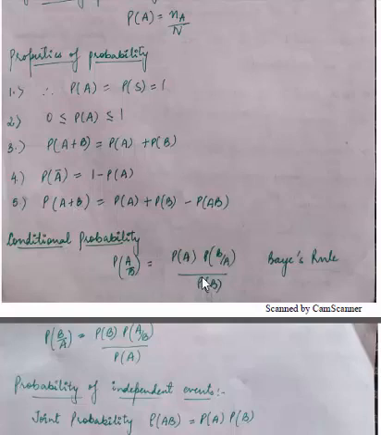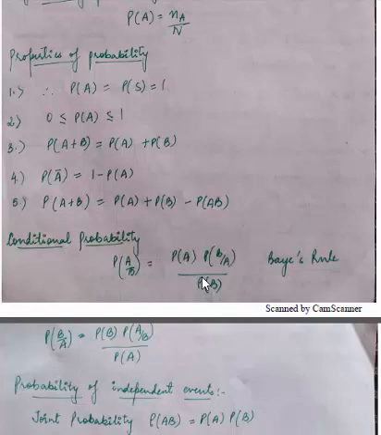Next is conditional probability. Conditional probability is a measure of the probability of an event given that, by assumption, pre-assumption, assertion or by evidence, another event has already occurred.